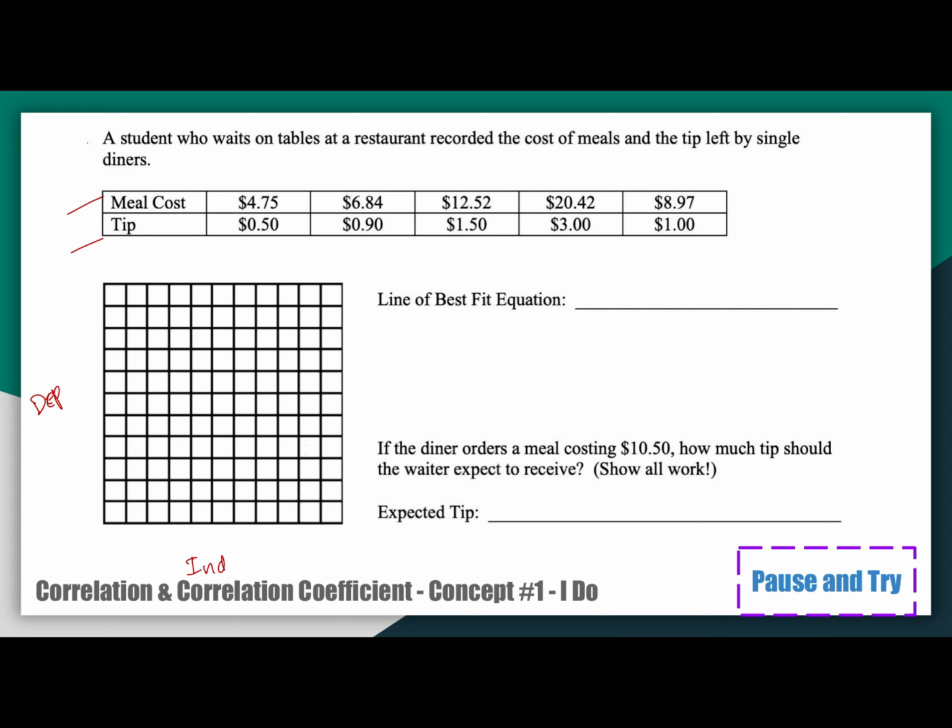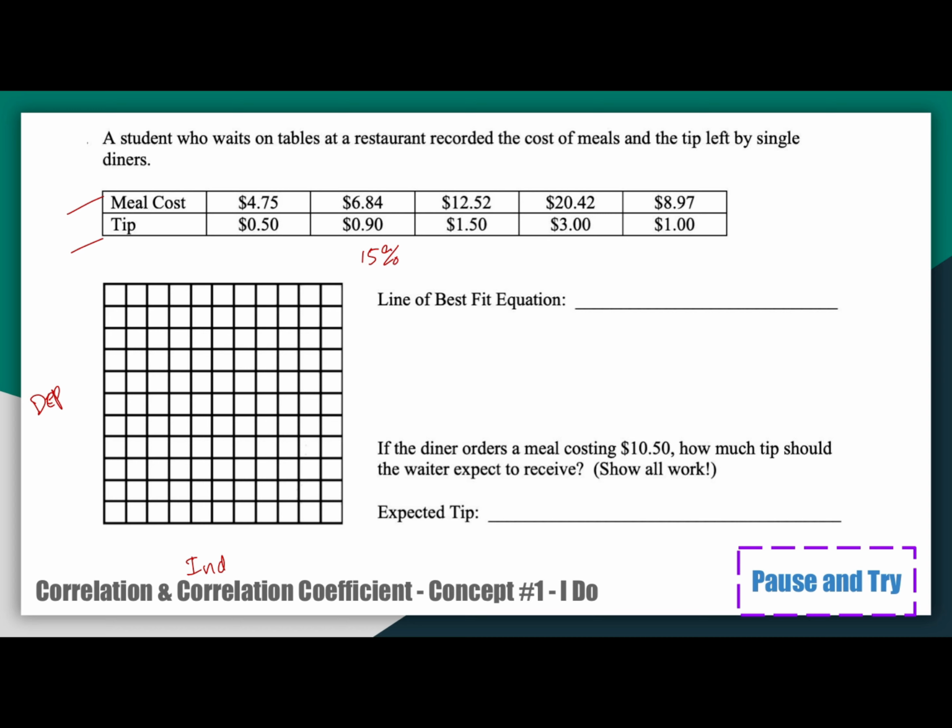The tip is always, a good idea is to have it be 15% of the meal cost. So you can't have a tip without a meal cost, which would make your tip dependent on your meal cost.